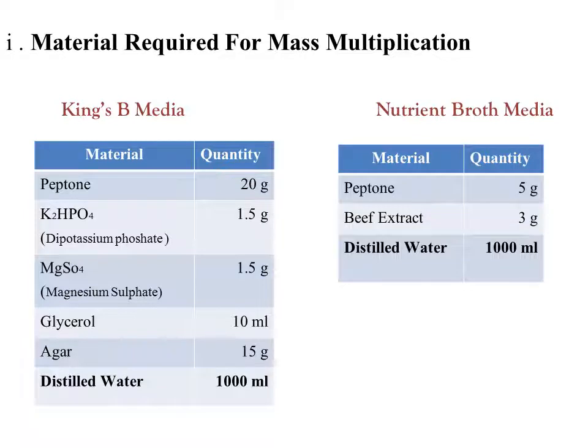Here the material required for mass multiplication is given as media components for King's B medium and nutrient broth medium, where peptone is common in both media and only the quantity is different, and additional requirements like K2HPO4, magnesium sulfate and glycerol are included in the medium.